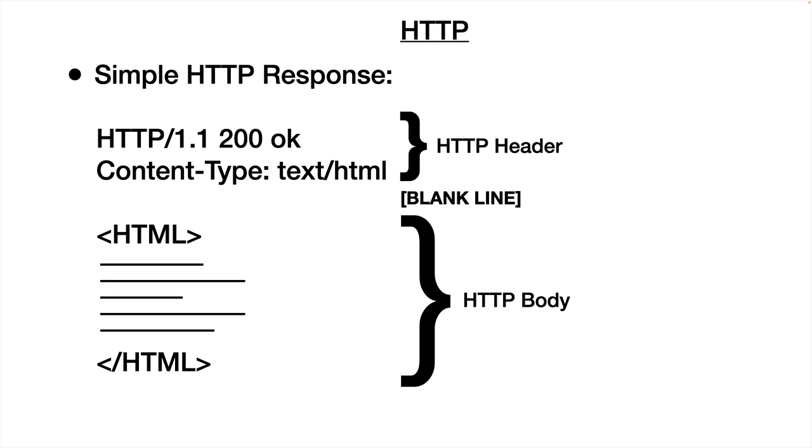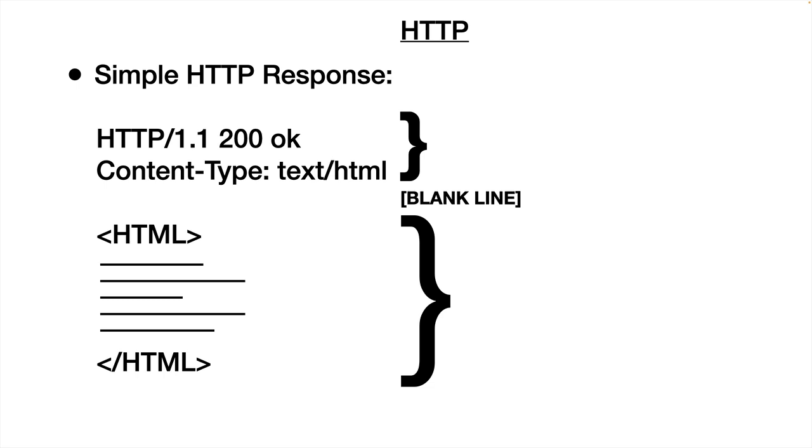So the HTTP header is giving us information about the web page that was returned, whether it was successful or not, what type of information we sent back, etc. And then the HTTP body is the HTML code that is supposed to be imaged by the browser.